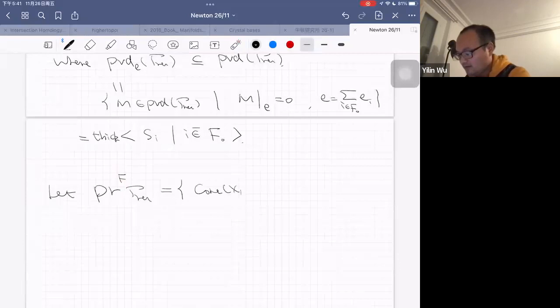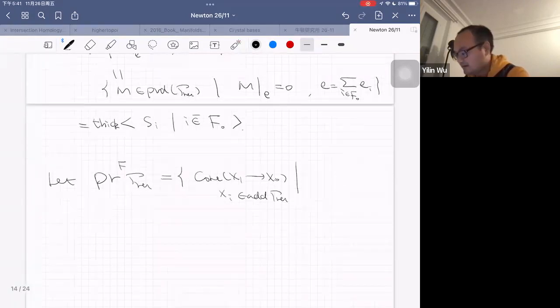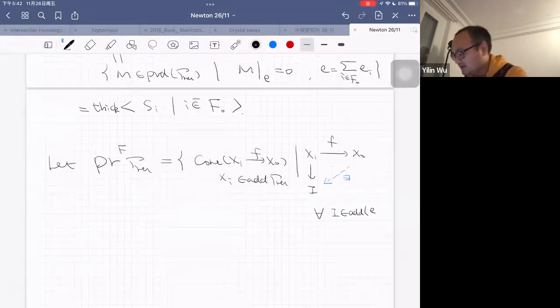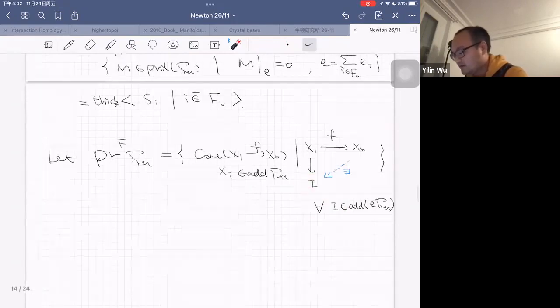It consists of the cone of a map from S1 to S0, where Si is in add Gamma relative, and this map F satisfies the following extension property for any object I in the add closure of E Gamma relative. This just means this object has the property of injective objects.